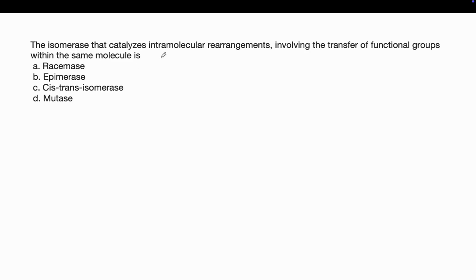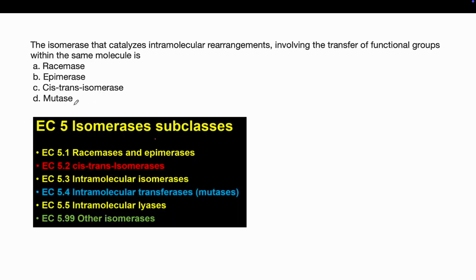The isomerase that catalyzes intramolecular rearrangement involving the transfer of a functional group within the same molecule is racemase, epimerase, cis-trans isomerase, or mutase. The EC class of isomerase, the fifth class, has different subclasses.